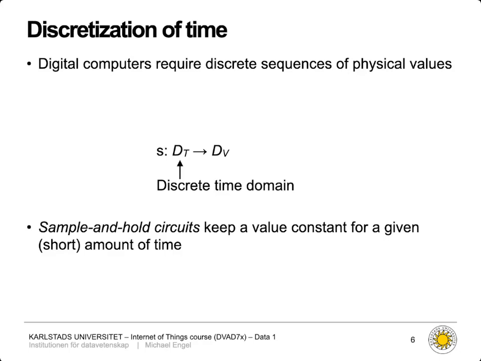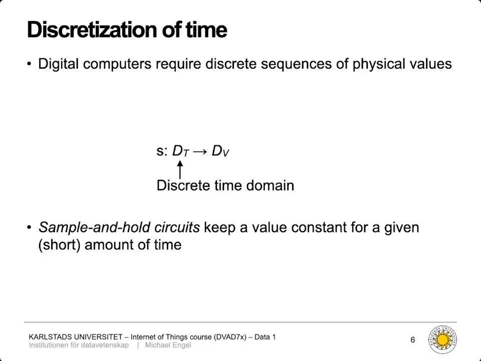And in order to do this, we actually have to consider that the process of measuring a value is not instantaneous. It takes some time. So we need a way to actually keep the value that we're going to measure constant for this small interval we're going to measure it at. So for these 10 milliseconds. And this can be done with a so-called sample and hold circuit.